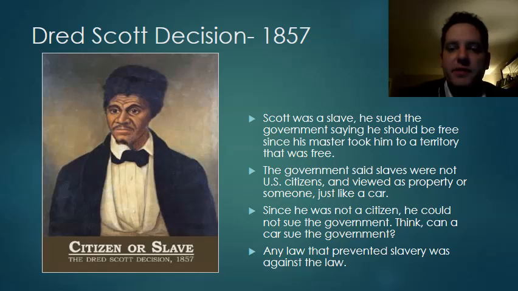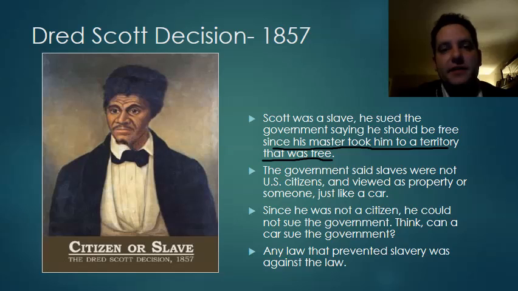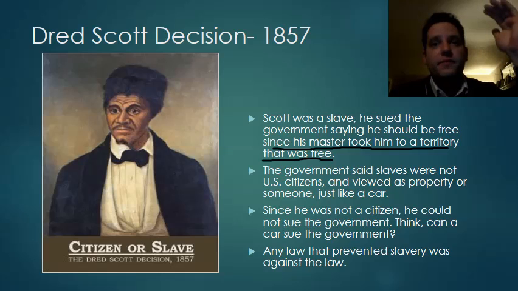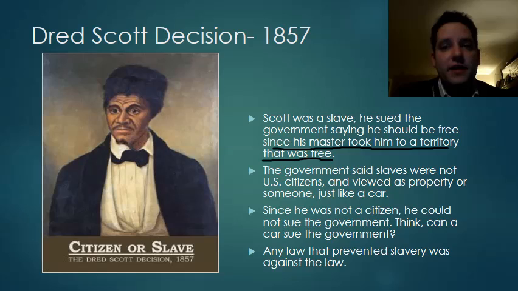He thought he should be free because his master, the person who owned him, went to a territory, a piece of land up north that was free. So he thought, if I'm north, then I'm free because slavery is outlawed, so why am I a slave?